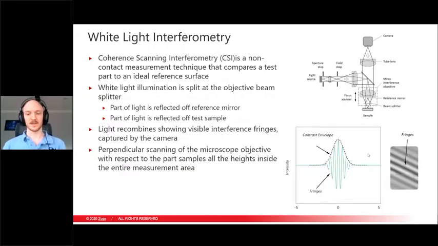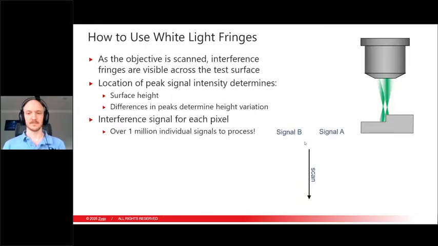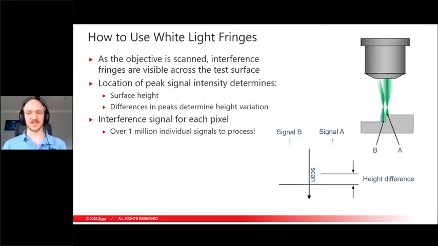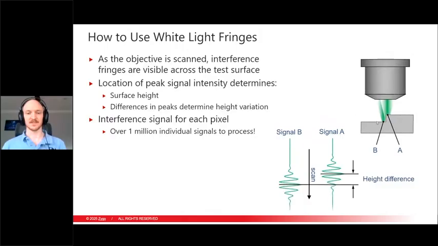Because we're using white light and it is incoherent, we get a nice fringe contrast envelope, and this is what we'll use to scan our surface in Z to acquire height data. So as I said, we'll scan our objective in Z across our measurement surface.